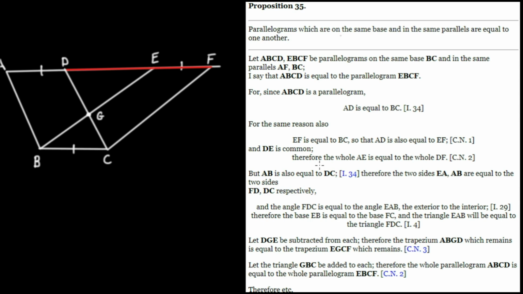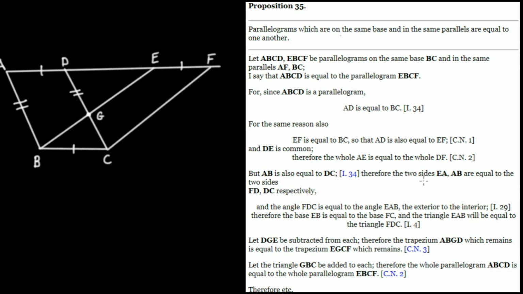So we have, therefore, the whole AE is equal to the whole DF. So this DF here is equal to AE. And we also note that AB is equal to DC, again using Proposition 34. Opposite sides of a parallelogram are equal.